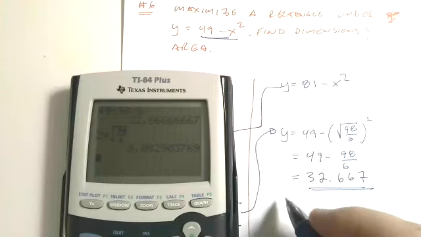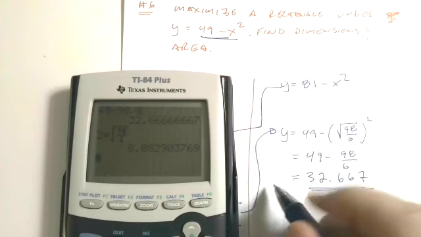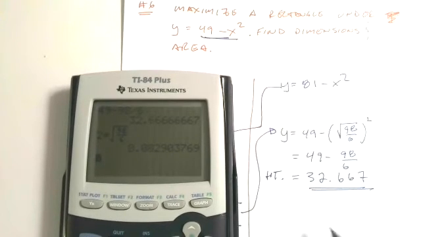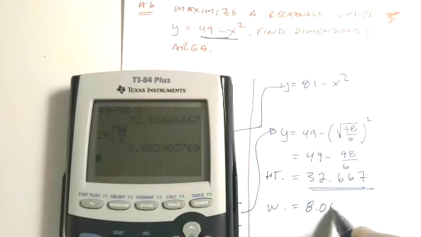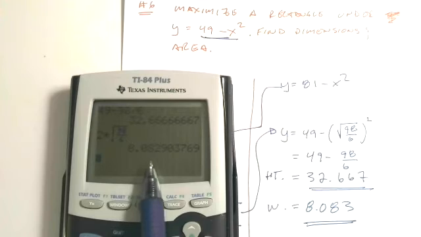So the height, I'll call it, equals that. The width equals 8.083. Now you could have also written 8.082 because the AP allows truncating. Again, on the Math Excel, they wanted 2 decimal places, do whatever they say, nothing else to bring up.